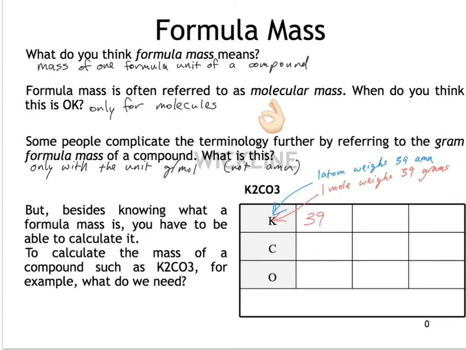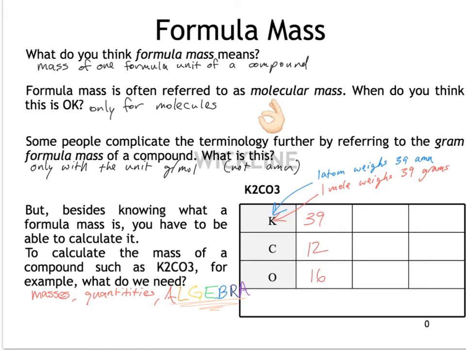Okay, so without even knowing what a formula mass is, we have to be able to calculate it. So let's calculate the mass of a compound such as potassium carbonate. What we're going to need is the masses of each element and their quantities. The mass of carbon is 12 atomic mass units or grams per mole. Oxygen's mass is 16 atomic mass units or grams per mole.